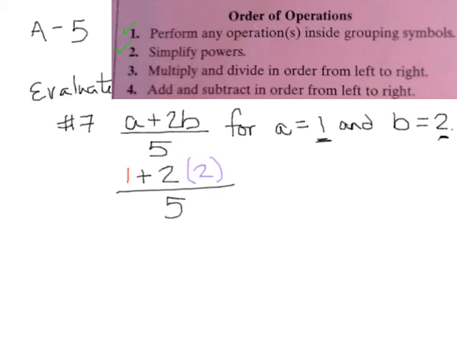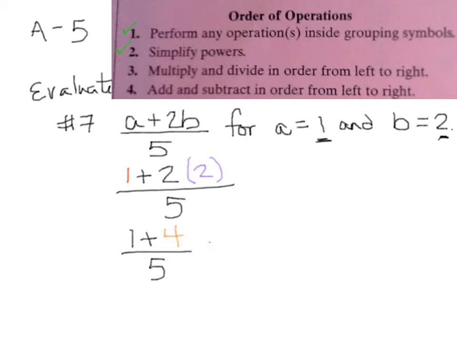So I'm going to say 1 plus, and I'm going to do this multiplication right here. So I have 1 plus 4, and then divided by 5.